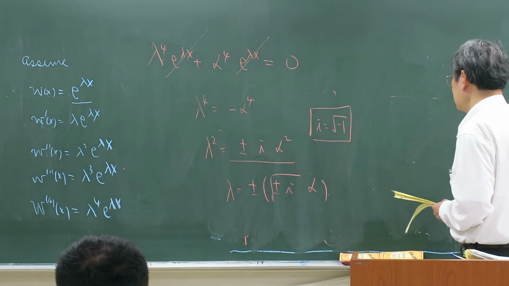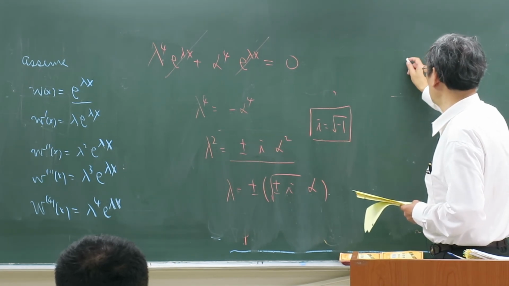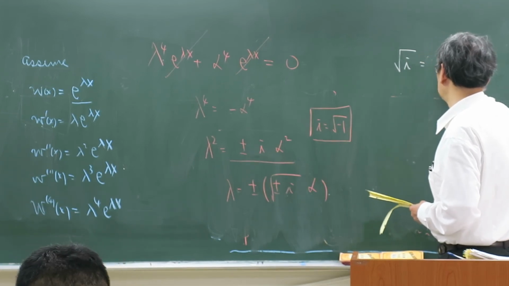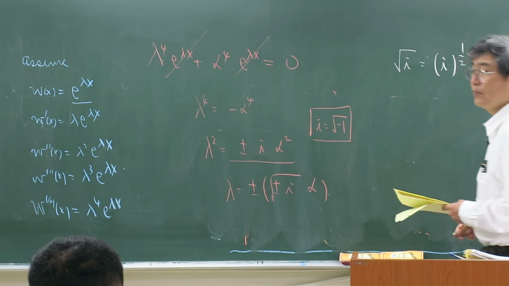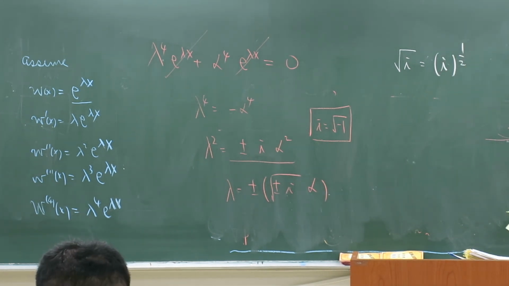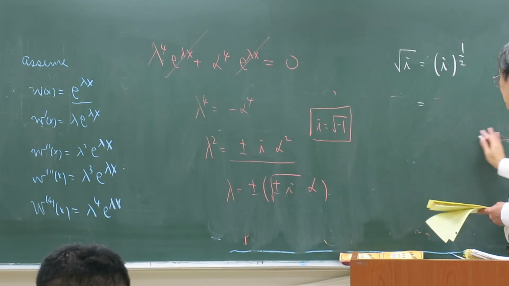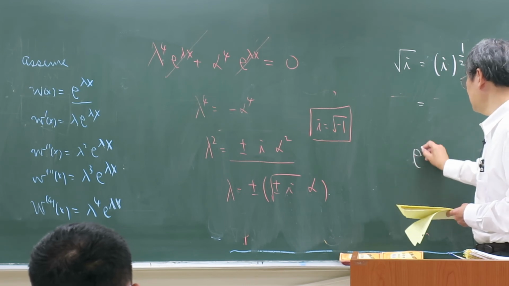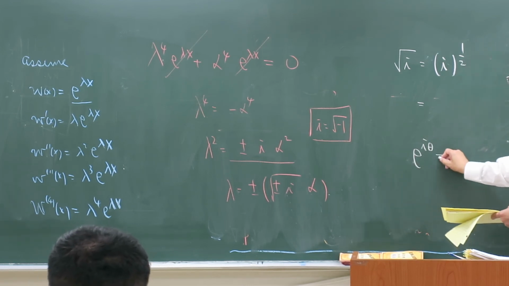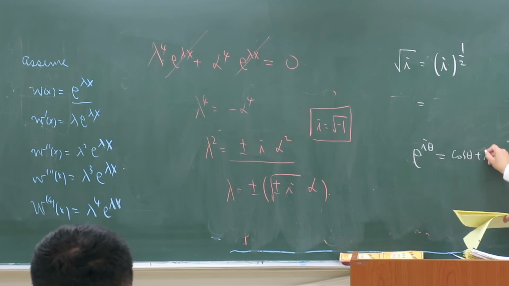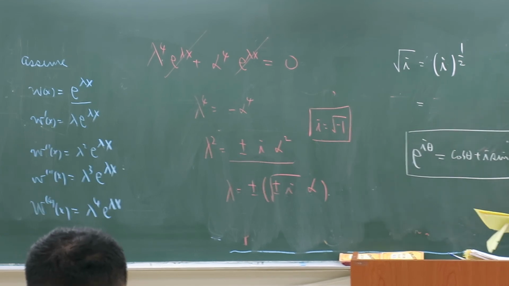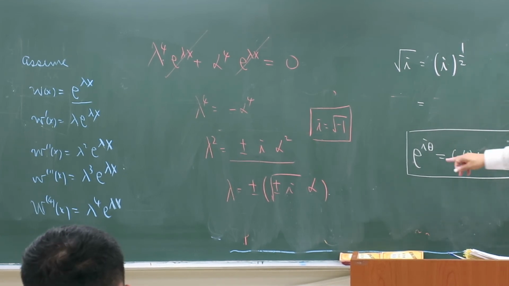Okay, here, let's see. What's the square root of i equal? That'll be i to the half, right? And i also equal to, because we have e to the i theta equal to cosine theta plus i sine theta. Did you learn this before? Do you know this? e to the i theta is equal to cosine theta plus i sine theta, right?